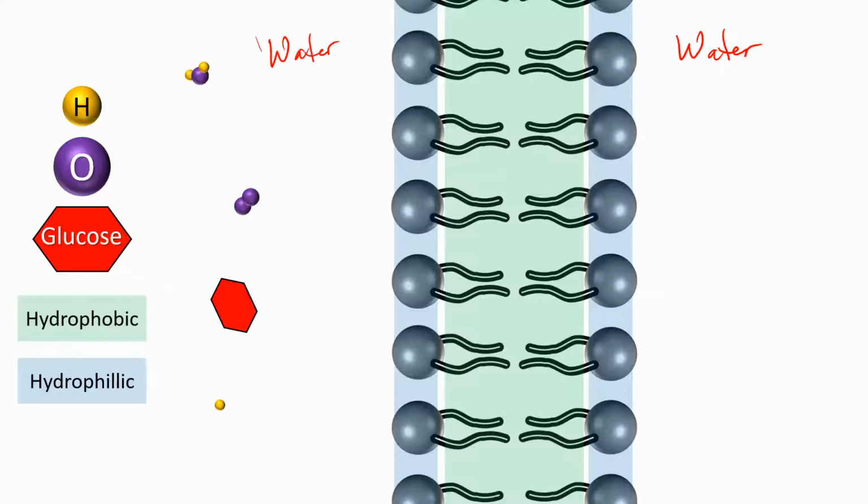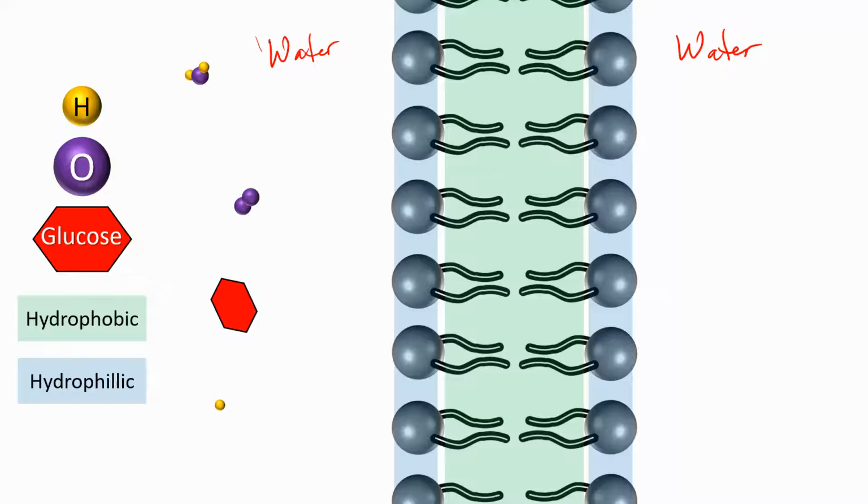So we see various molecules here. At the top we have water. Below that, the two purple spheres stuck together are an O2 molecule. The red hexagon is a glucose, and the tiny little yellowish gold sphere is a hydrogen ion. I know it says H in the key, but that's because I wanted it to apply to the hydrogens in water as well as the hydrogen ion.